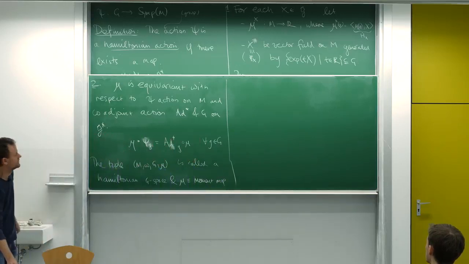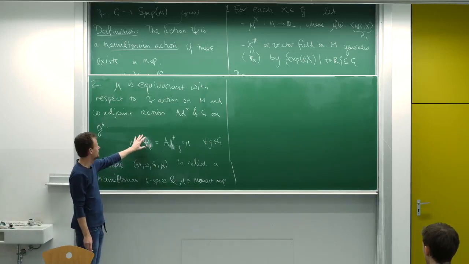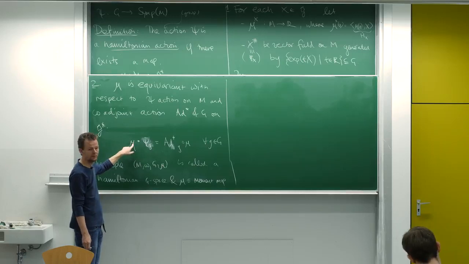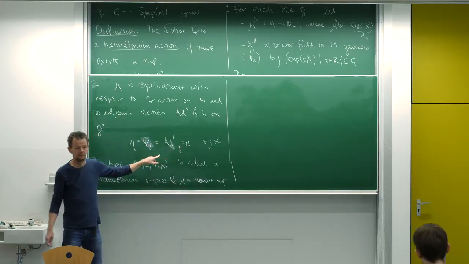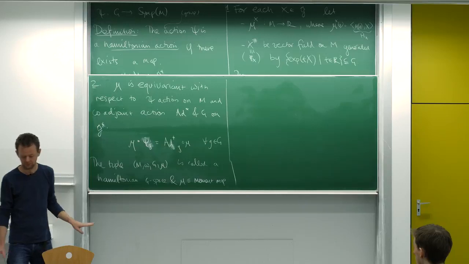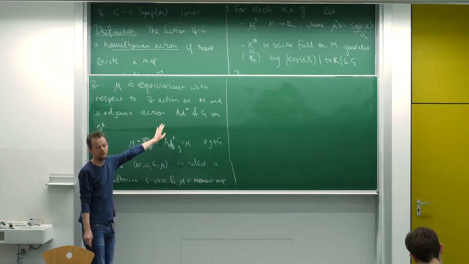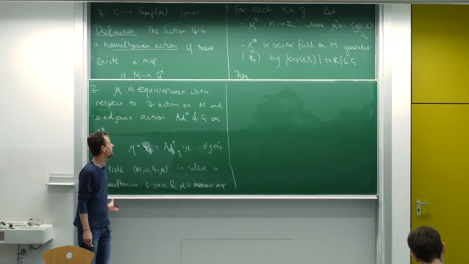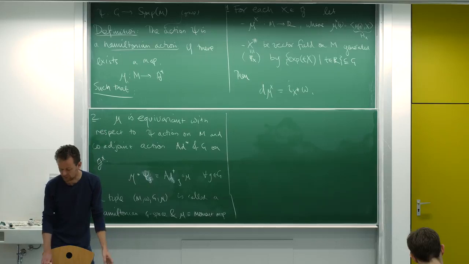All right, there's the second condition that we need to obey to call this thing a Hamiltonian action. It says that if you do the action and then evaluate the moment map, that's the same as evaluating the moment map and then doing the action. It looks harmless enough and indeed is instantly satisfied whenever G is, say, a one-parameter group. The trickiness comes when G is not a one-parameter group.